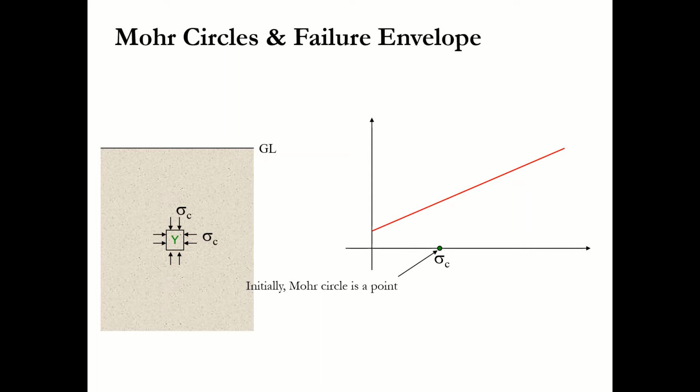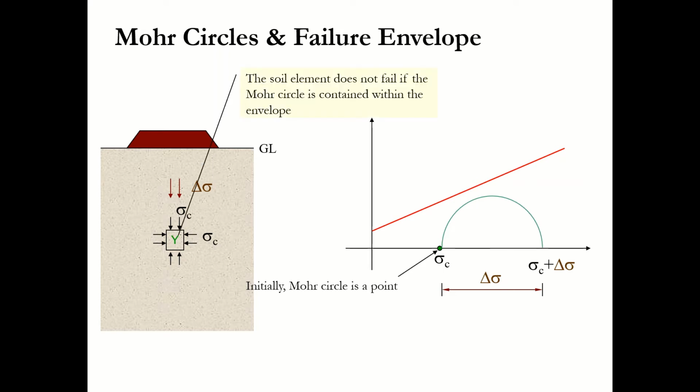So initially the Mohr circle will be a point, because sigma 1 and sigma 3 coincide. Then we construct a structure, suppose an embankment. That means we are applying additional load, so the vertical stresses will increase. Our sigma 1 will become sigma c plus delta sigma, and sigma 3 will remain equal to sigma c. Now if we draw a Mohr circle, it will be like that.